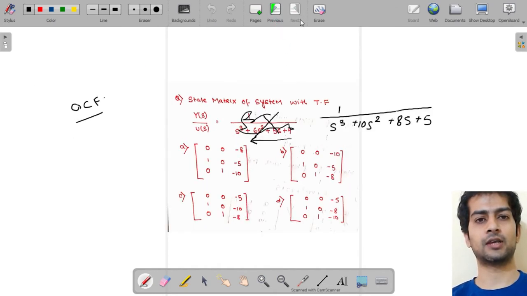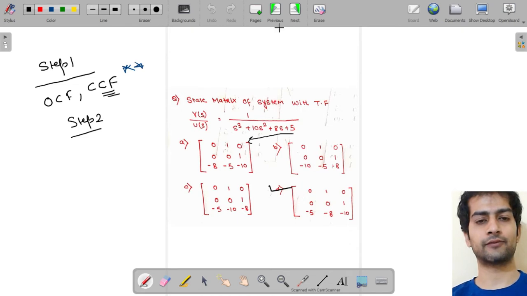And this transfer function is the same. In one option we are representing it in OCF form, and for the same transfer function in another option we are representing it in another form, that is CCF form. That is, the same transfer function is represented in two forms, one in CCF and other in OCF.